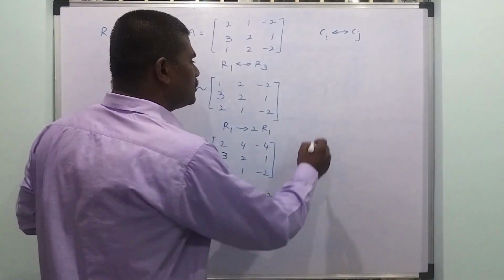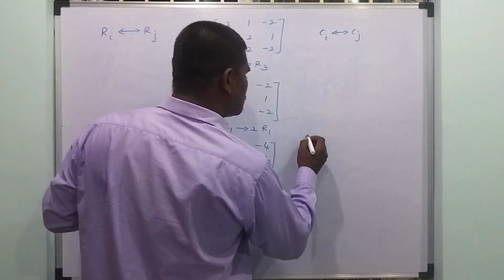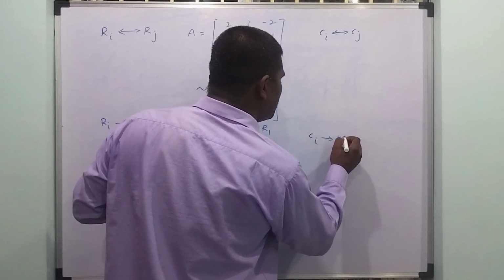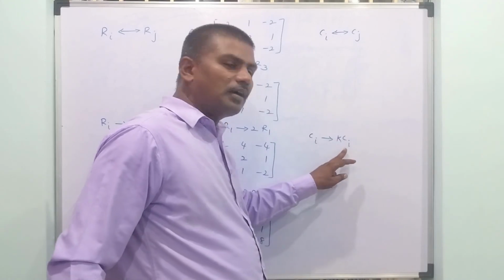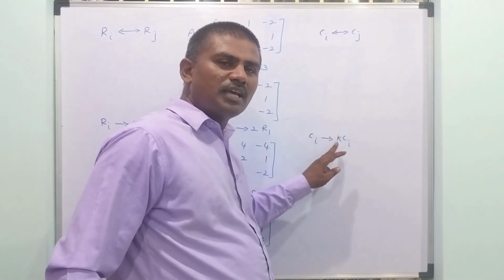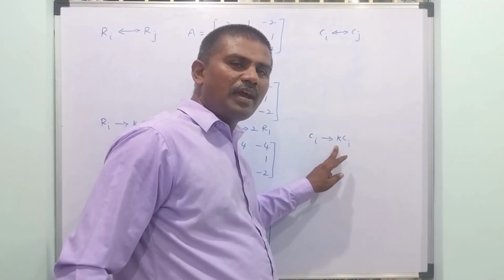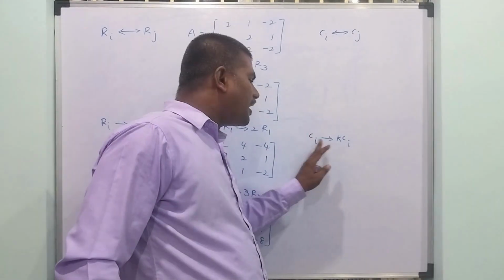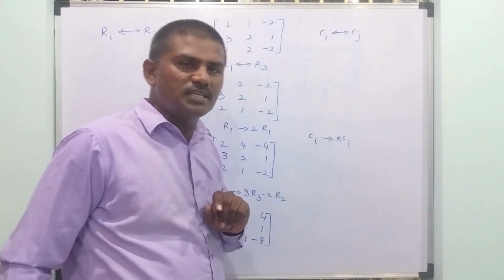Now coming to this operation, Ci → k Ci. The ith column will be multiplied with a non-zero scalar k and the resulting values will be noted in the ith column. So this is denoted as Ci → k Ci.